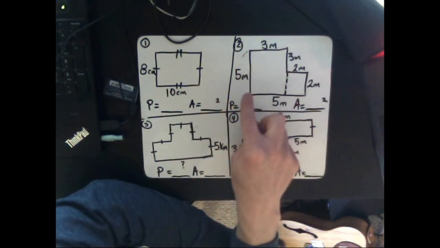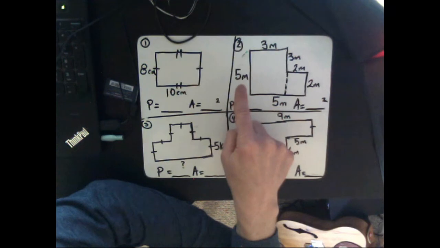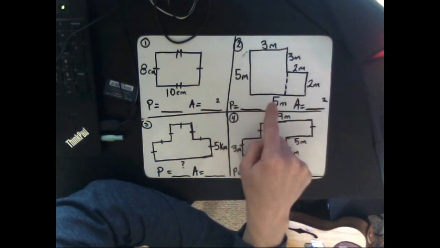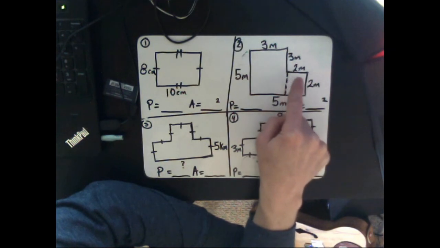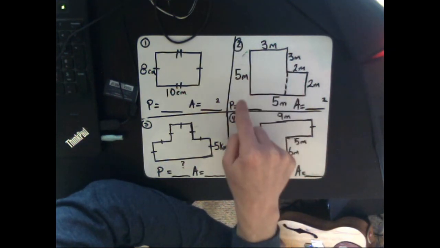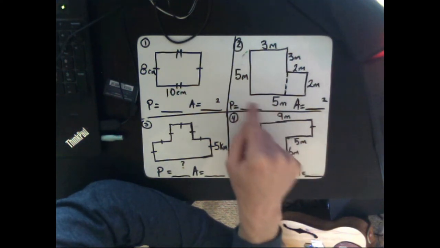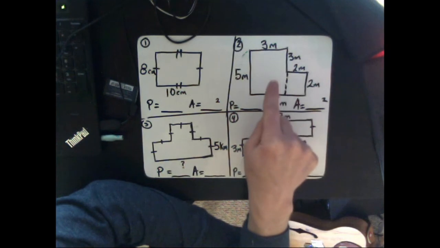Next, number 2. This one's a little more tricky. 5 meters on this side, 5 meters on the bottom. 2 meters, 2 meters, 3 meters, 3 meters. You need to find the perimeter, the fence, and you need to find the area. I gave you a little hint by putting this dashed line.